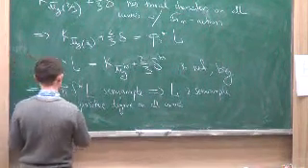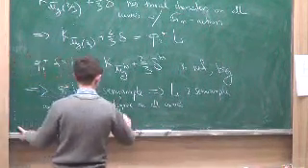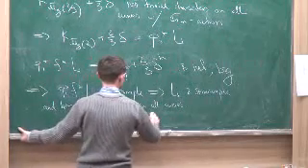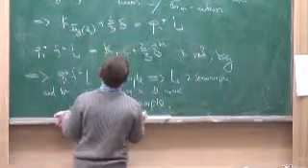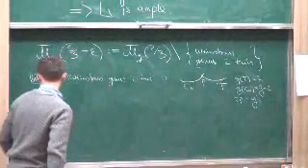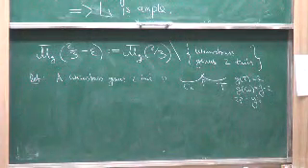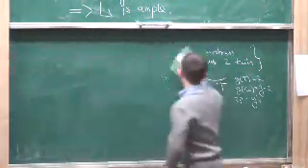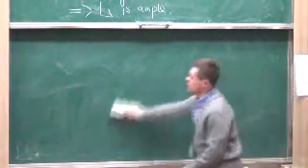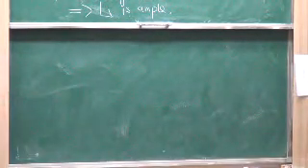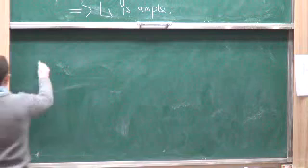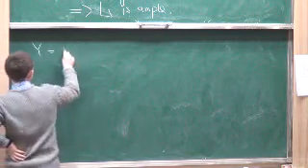And therefore, L is ample. So this is a conclusion. What it means that L is ample is that Y is a projective variety.